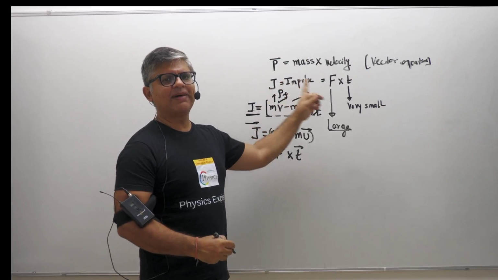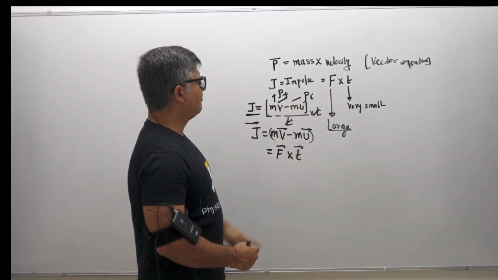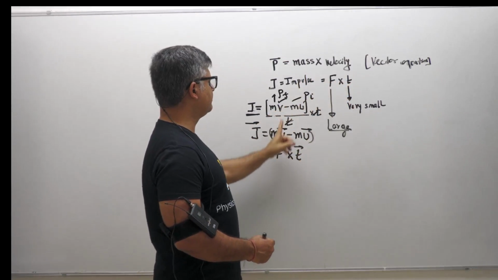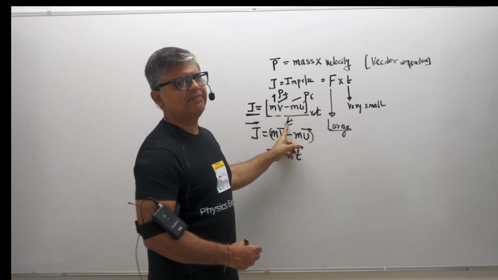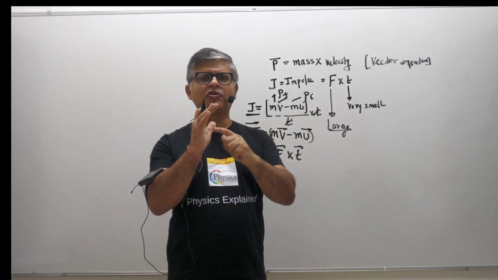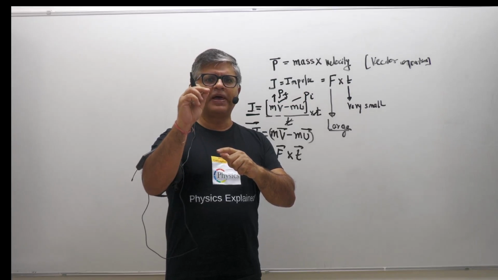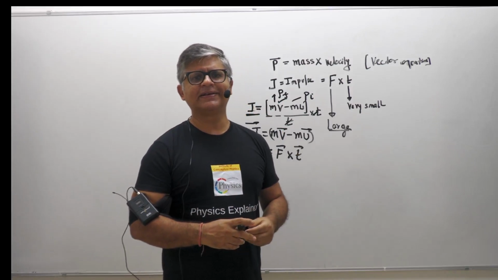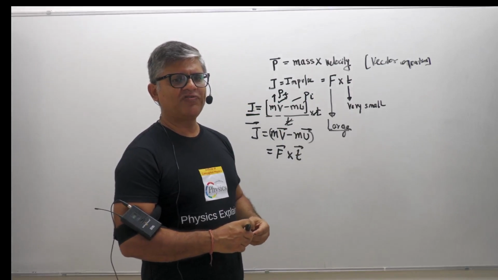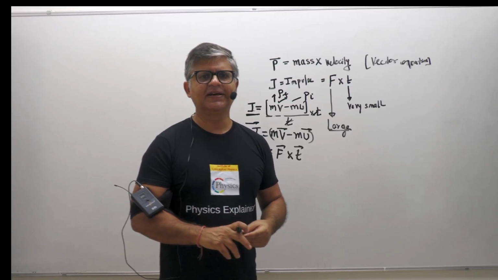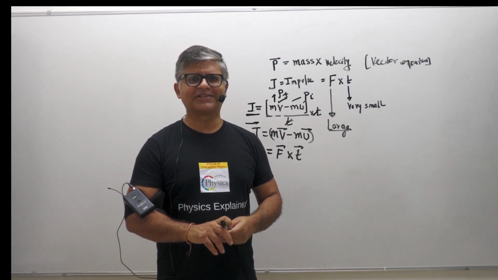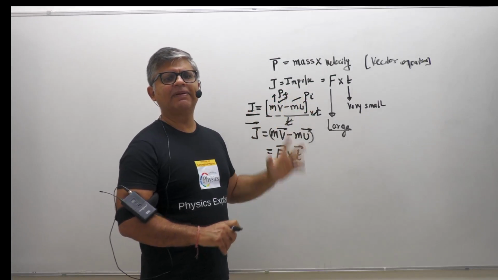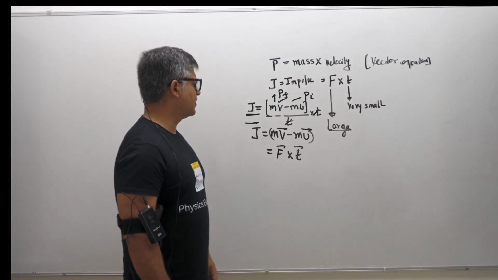So P final minus P initial, divided by time of contact, will give you the amount of force generated by this impulse. So if you want to find the force generated during this impulse action, P final minus P initial divided by time is the force.